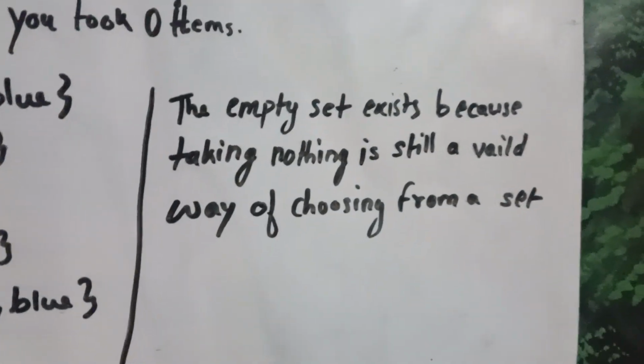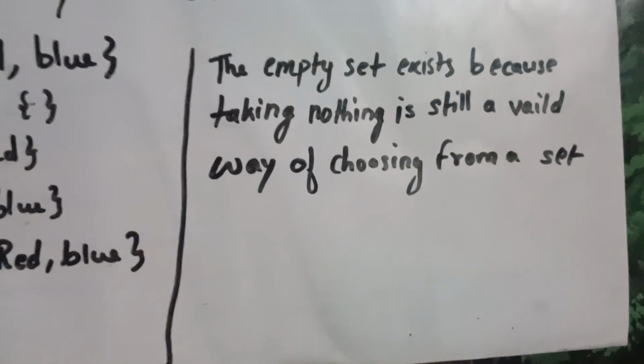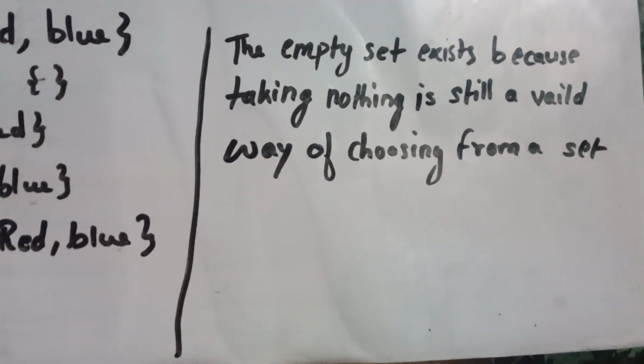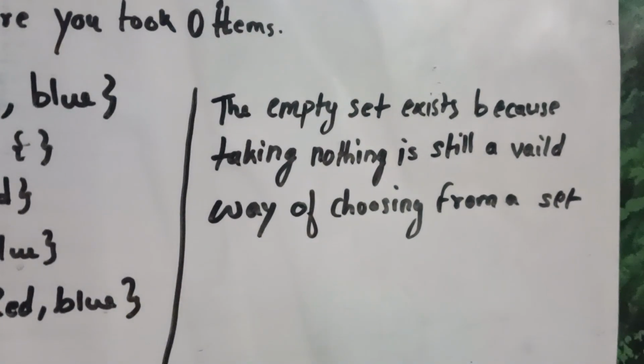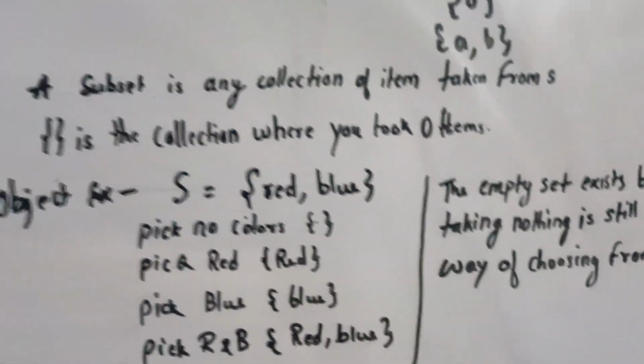And let's see one last definition for the empty set. The empty set exists because taking nothing is still a valid way of choosing from a set, right?